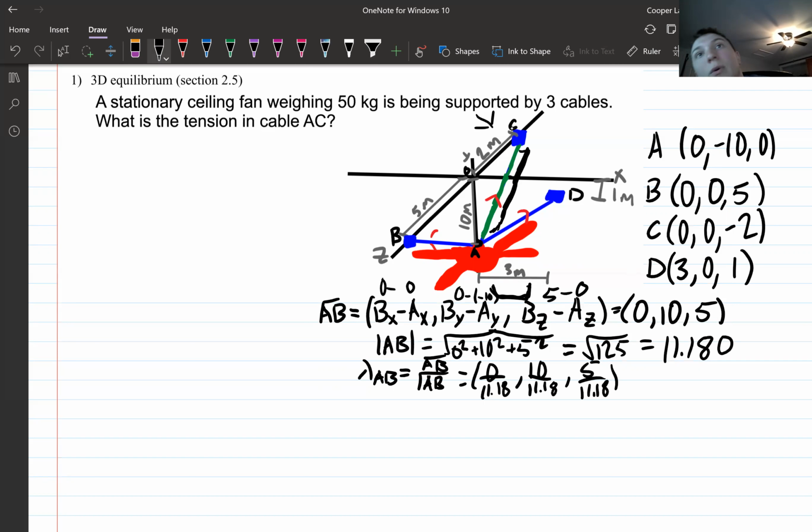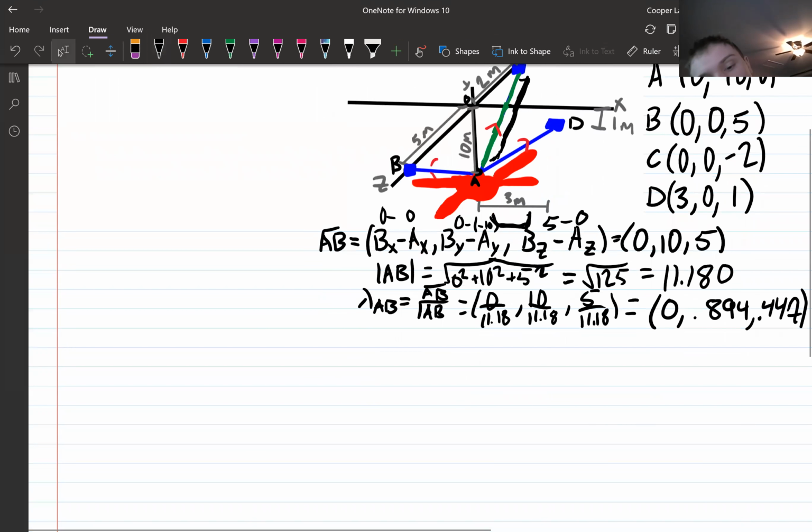When you do that out, you end up getting 0, comma, 0.894, comma, 0.447. So that is our lambda AB. Now we're going to do the same thing for AC and AD. Sorry, not BC and BD. I'm going to do those out quickly.